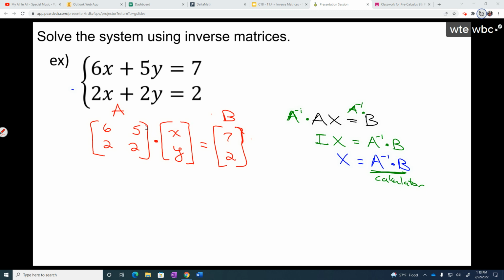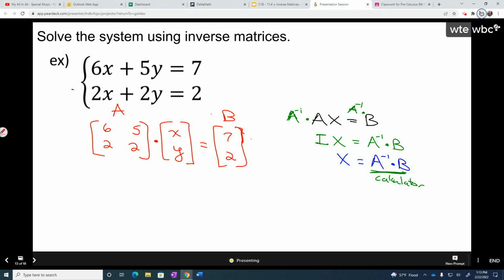So then the next one, let's do one more. You're just going to enter your matrix and then up arrow, enter it. So last one here, go ahead and try this one.